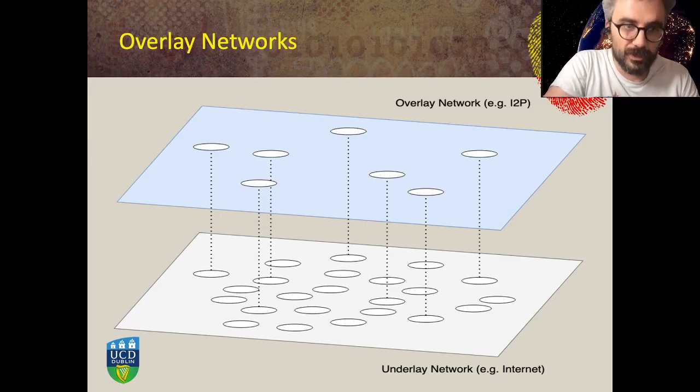These hosts can communicate between them. The interconnections and the virtual links between these hosts can be completely independent from the underlying links, and they form a completely independent overlay network that can serve different purposes. It can, for example, provide voice over IP communication, or it can provide, for example, anonymity in the case of anonymity networks.